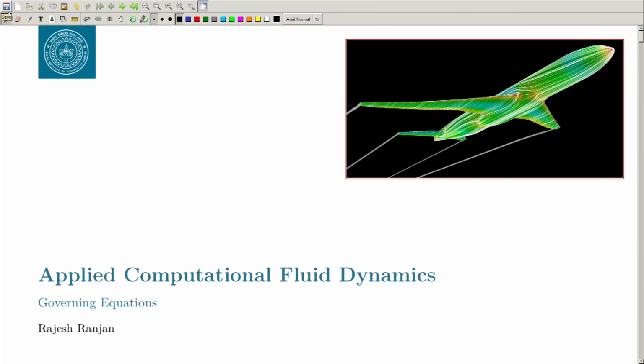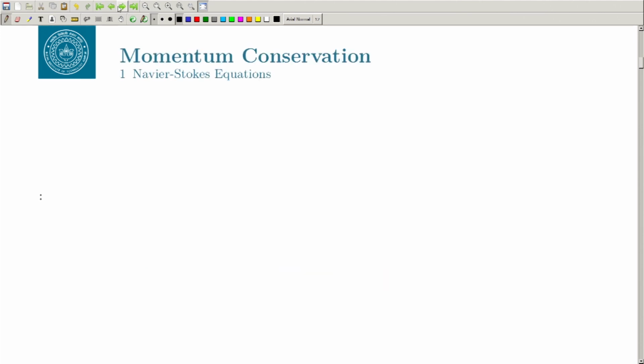Hello everyone, welcome back, and we will continue the discussion that we are having regarding the governing equations for fluid flows. In the last class we basically derived the momentum equations.